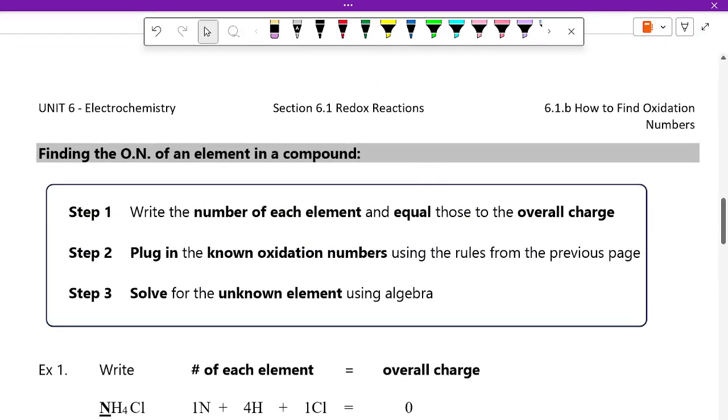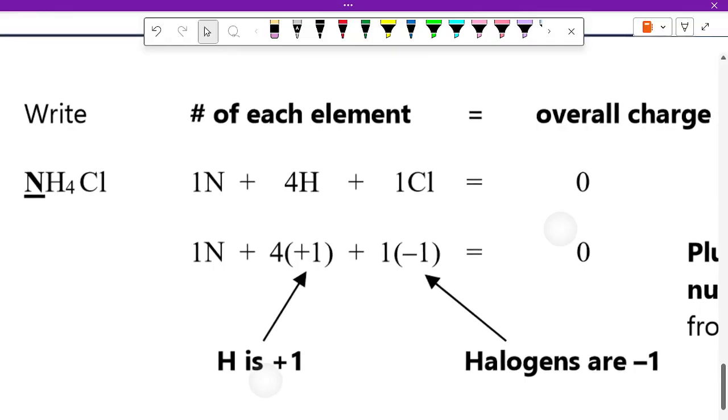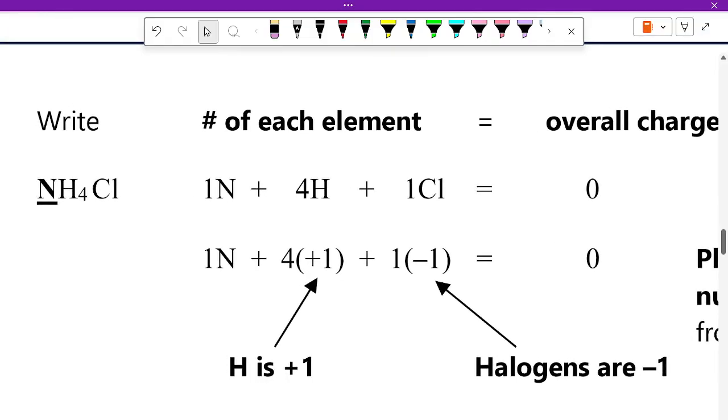So, how do we go about finding the oxidation number of an element? What we do is we write out the number of each element. So in NH4Cl, we have 1 N, we have 4 hydrogens, and we have 1 chlorine.